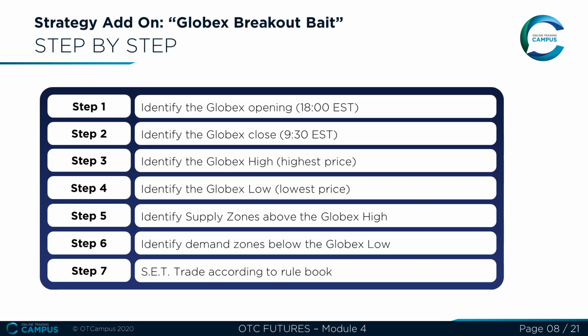And there may not be any, and if there's not any good quality zone or any zone at all, so be it. That's fine, we are not going to take that trade obviously. Step 6, identify demand zones below the GLOBEX low, also if any, and I say if any, but really that means if any good quality zones.